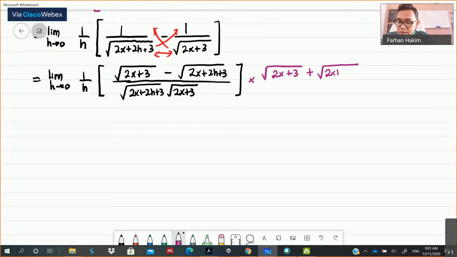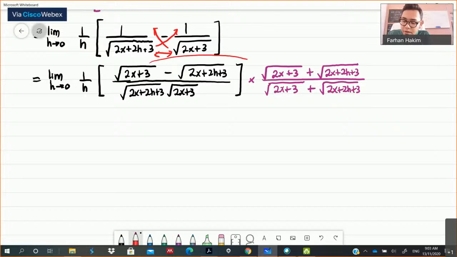You just copy the same thing at the numerator and also the denominator. So now we multiply this with this, and this also with this.